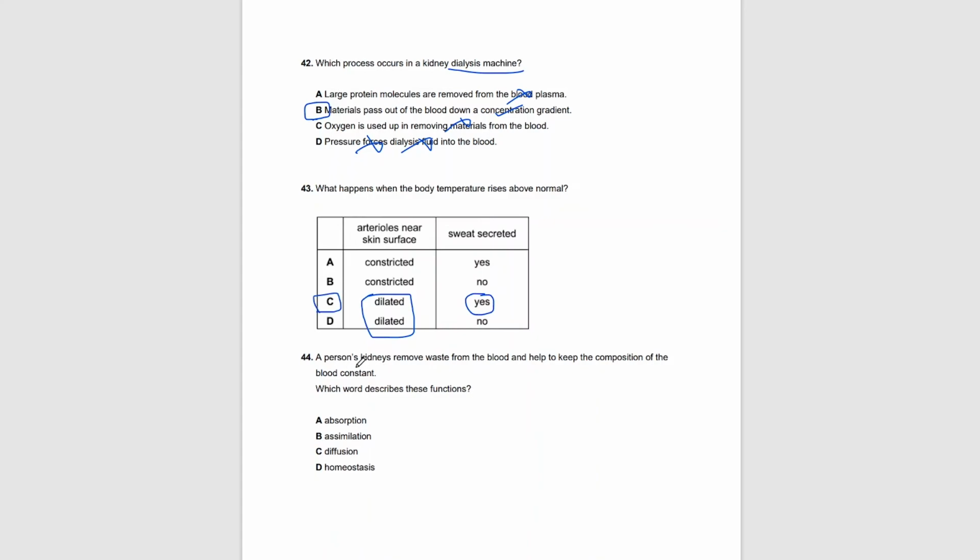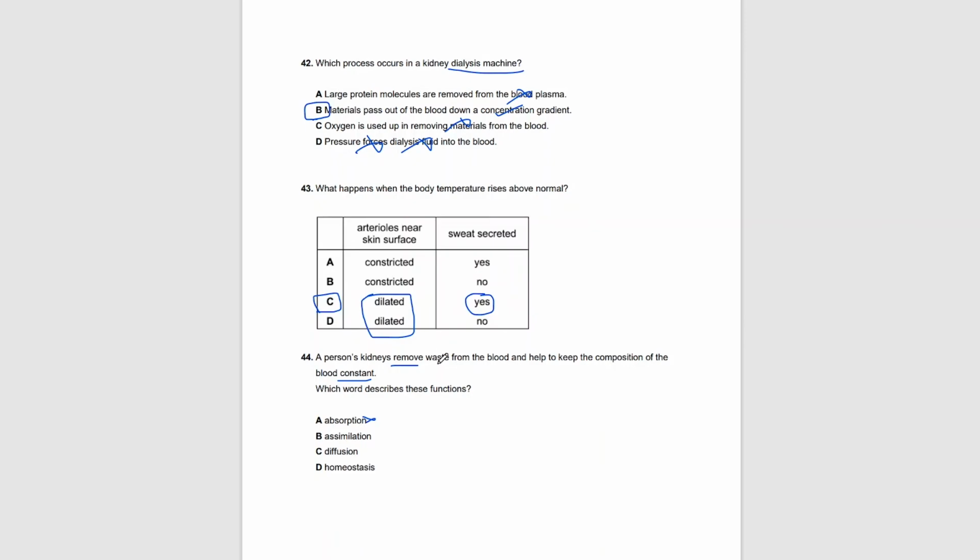44. A person's kidneys remove waste from the blood and keep the composition of the blood constant. Which word describes these functions? Absorption is not the answer because the kidneys remove the waste. It does not absorb. Assimilation is the usage of the absorbed materials. Kidneys remove the waste but do not use the waste.